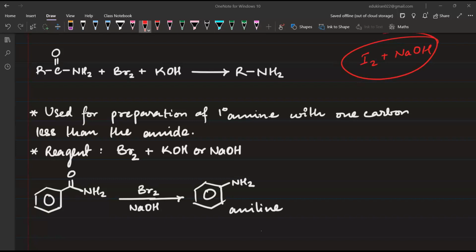No one remembers? Iodoform test. Okay, iodoform test. Now if you remember, in the iodoform test you can use I2 plus NaOH, and this I2 plus NaOH gives you sodium hypohalite, a sodium hypoiodite in this particular case.